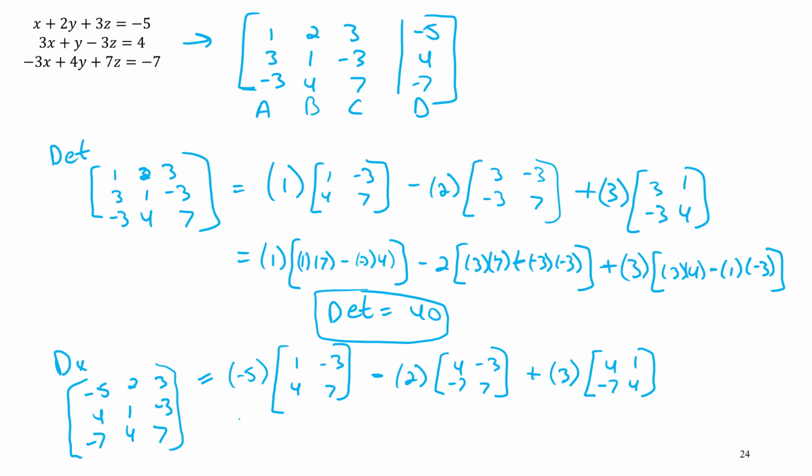Writing them out, you would get negative 5, followed by 1 times 7 minus negative 3 times 4, minus the 2, you'd get 4 times 7 minus negative 3 times negative 7.